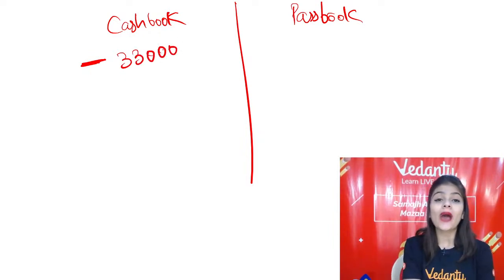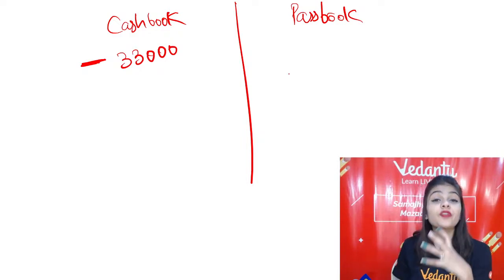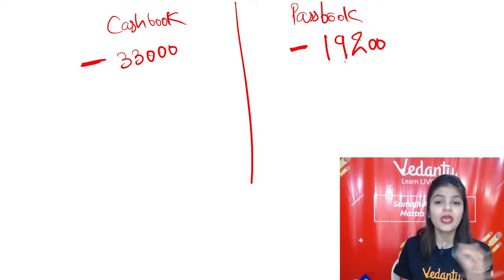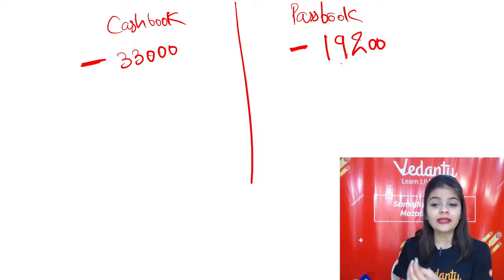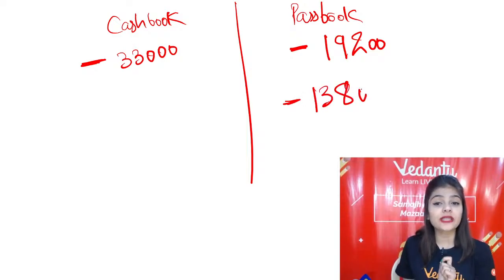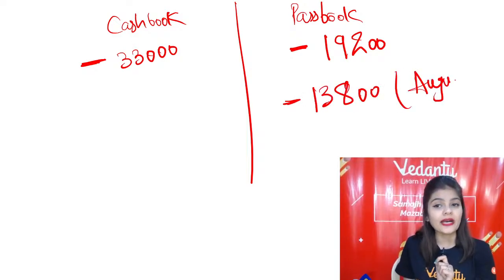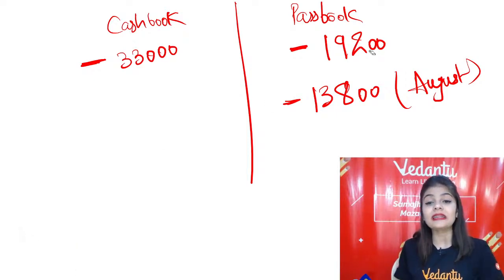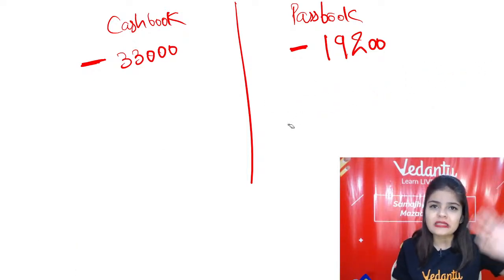But from passbook, you have only subtracted 19,200. पासबुक में से कितना माइनस हुआ है? ओनली 19,200, because amount 13,800 is presented in August. जो 13,800 है वो कब प्रेजेंट हुआ है? अगस्त में. It means it is not presented in July. जुलाई में तो प्रेजेंट नहीं हुआ ना.